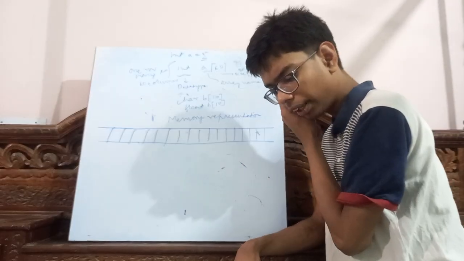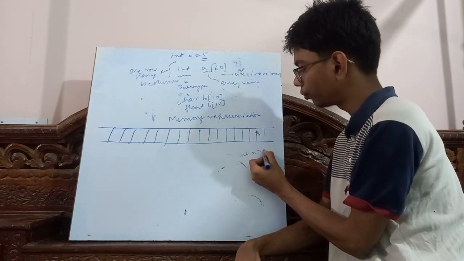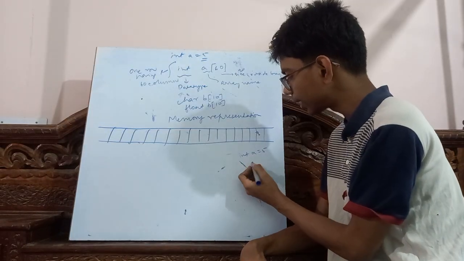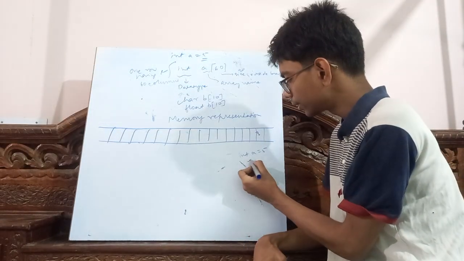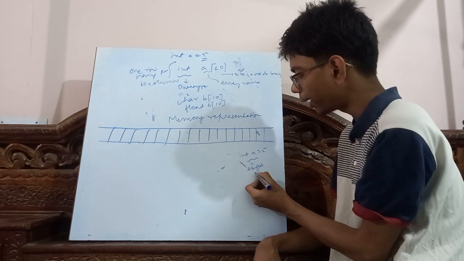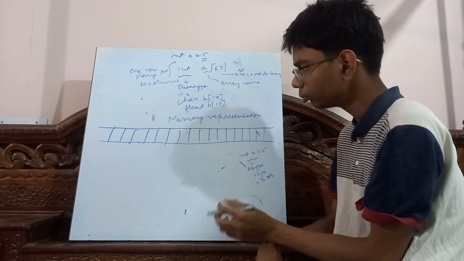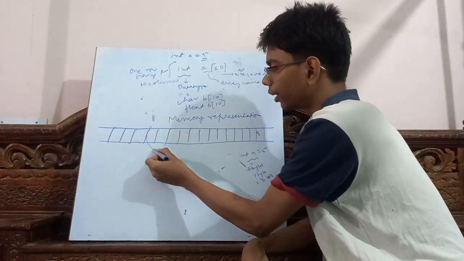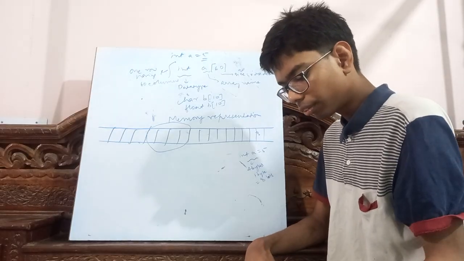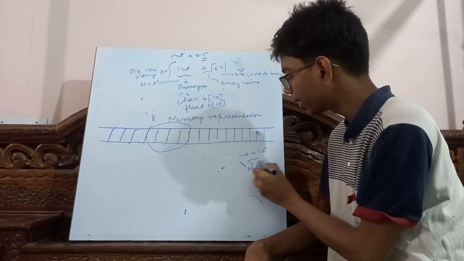Suppose I declare the variable int a is equal to 5. One integer variable has a size of 4 bytes. These all are bytes, and one byte has a size of 8 bits. Suppose somewhere here I have stored 5, and one integer variable takes 4 bytes.